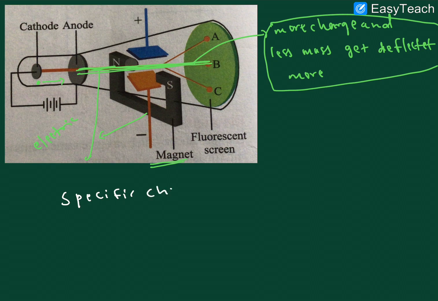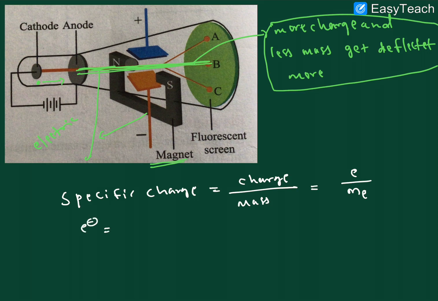So specific charge is equal to the charge of electron by the mass of electron, nothing but the e/m ratio of electron. So what is the charge of electron here?